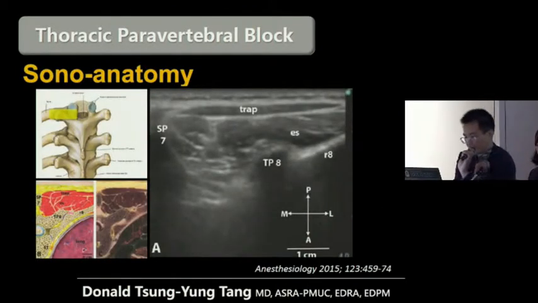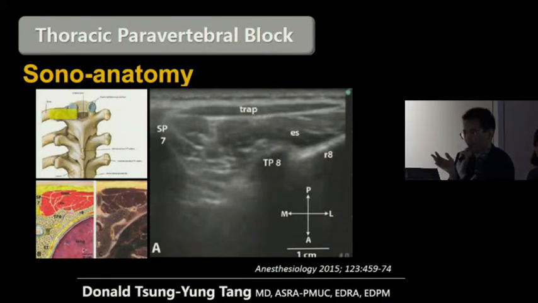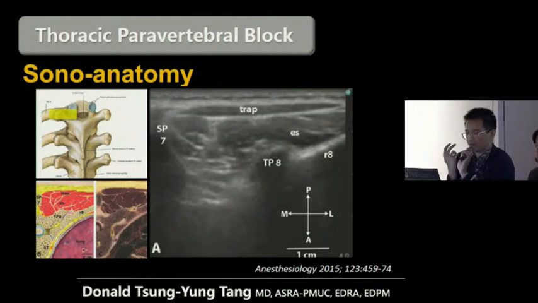So, the anatomy. There are several approaches for the paravertebral space, at least 7 or 8 as far as I know. But today I will show my personal favorite, the transverse scan. In ultrasound, bone is the safest structure, and you can be very confident with bony structures because they are very hyperechoic.